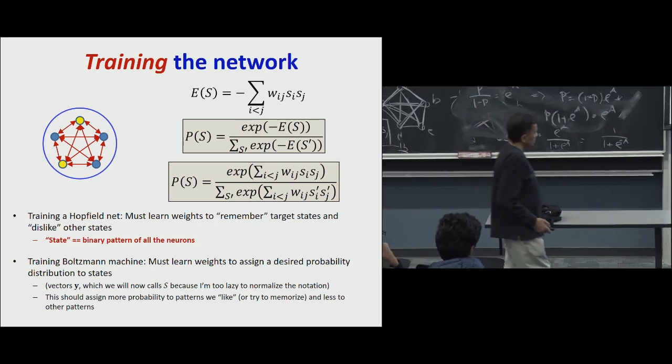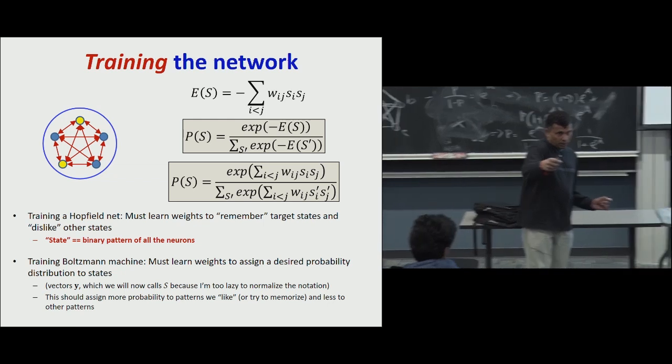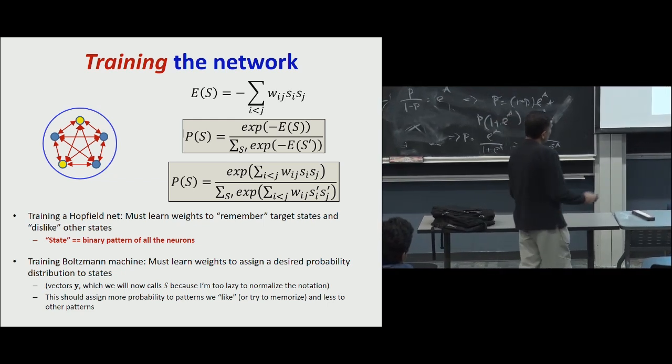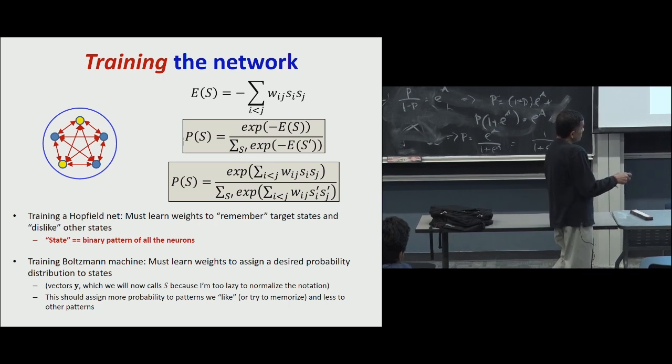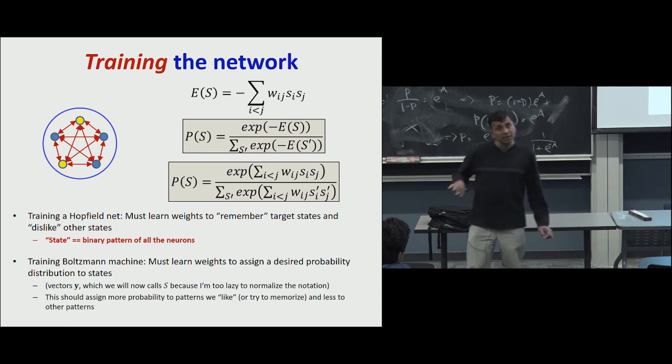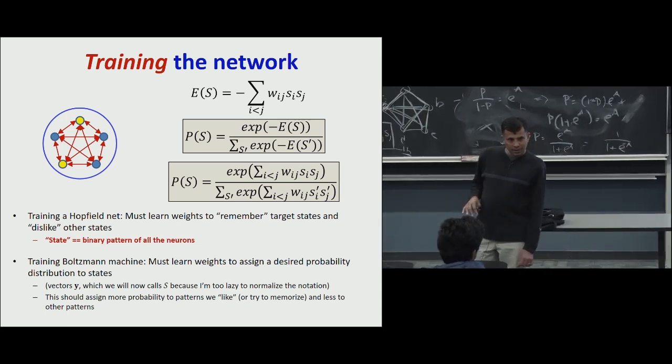The weight itself is the weight of the edge connecting the neurons. When you train a Hopfield net, you must learn these weights to remember target states and to dislike other states, right?